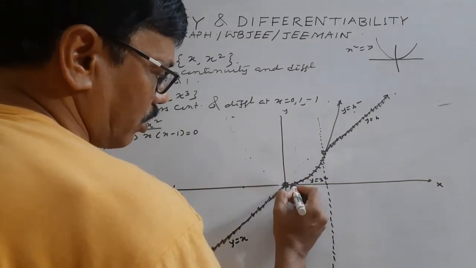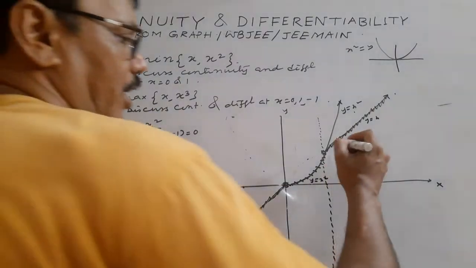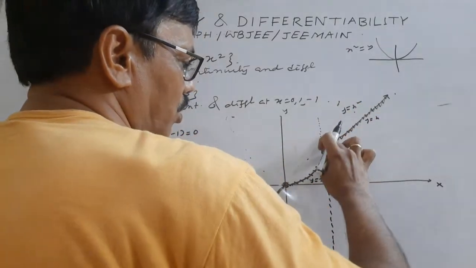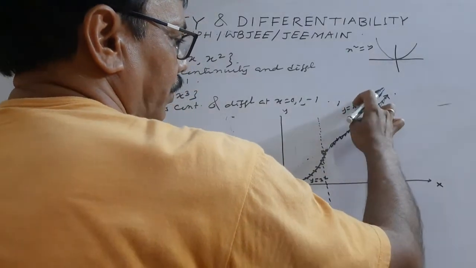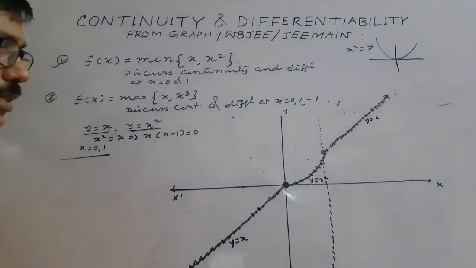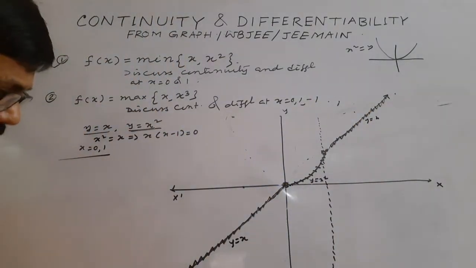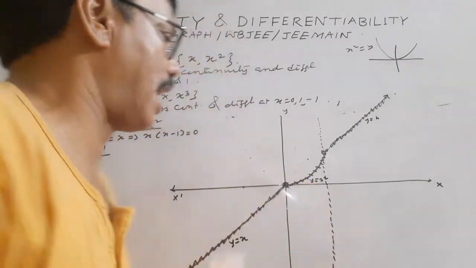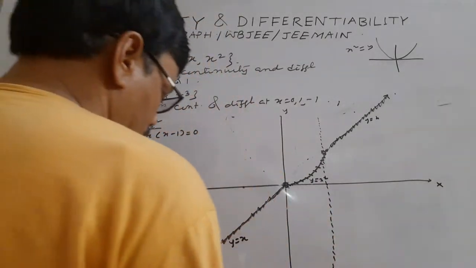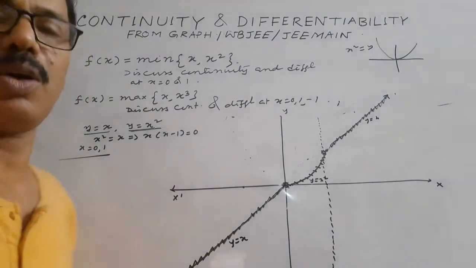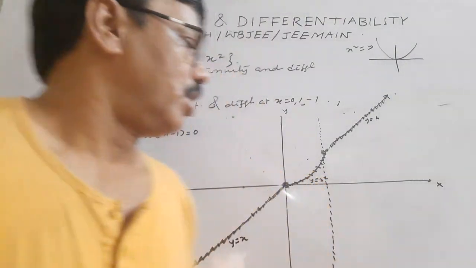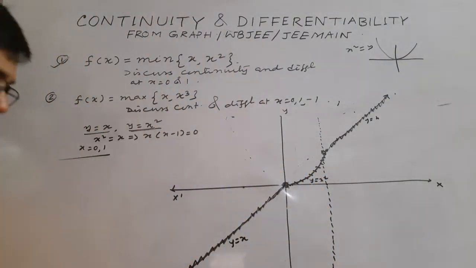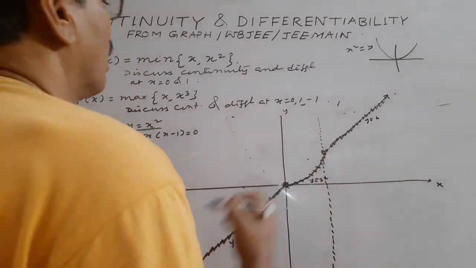This is y equals x square, then y equals x because it is the minimum. So we are getting this curve. Look, it has no break point at any point, so it is continuous throughout its domain. So it is a continuous curve.